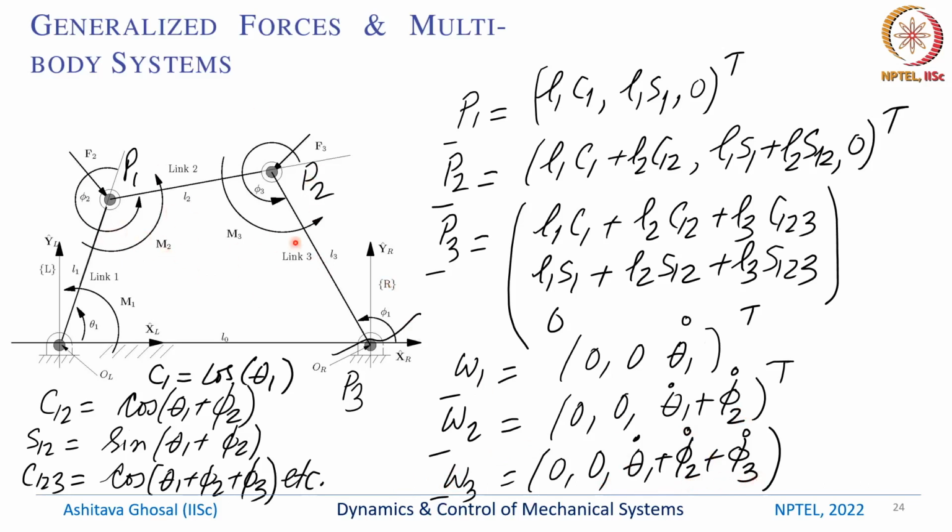Okay, so you can see, since these angles are relative angles, theta 1 is this way, phi 2 is from the extension of this link to L2. So we are using anti-clockwise positive. So phi 2 is a relative angle, hence the angular velocity will be theta 1 dot plus phi 2 dot for this link. And same thing for this link. It will be theta 1 dot plus phi 2 dot plus phi 3 dot.